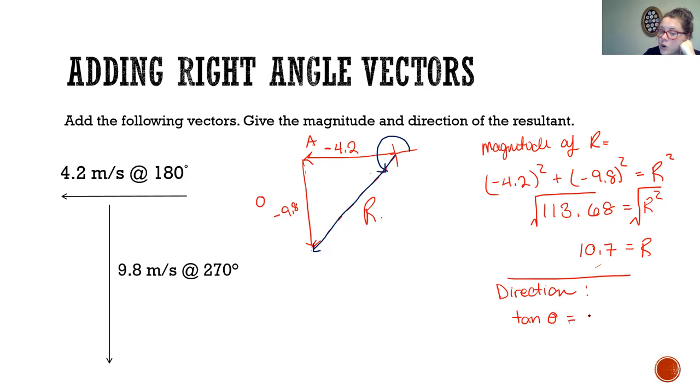So tan's TOA, so opposite first, so 9.8 over negative 4.2. Negative divided by a negative is going to cancel out to give us a positive. So what do we get for an angle? 67 degrees. Now let's stop and think about that before we give our final answer.